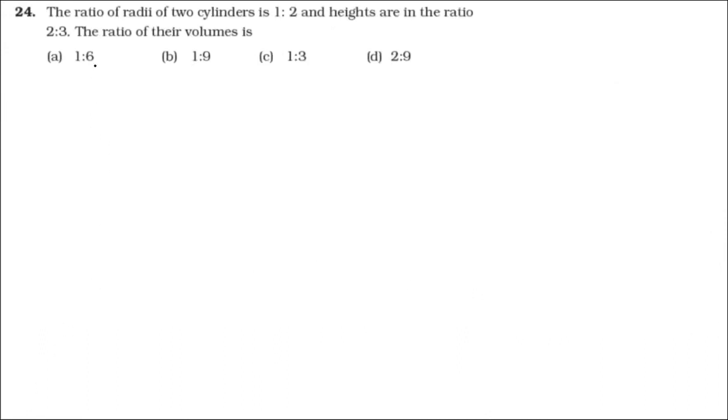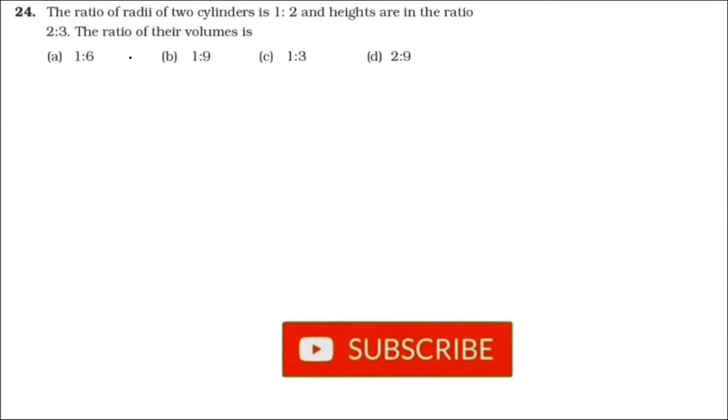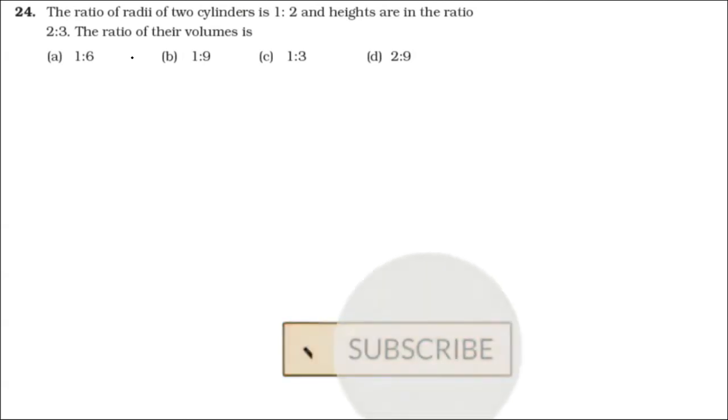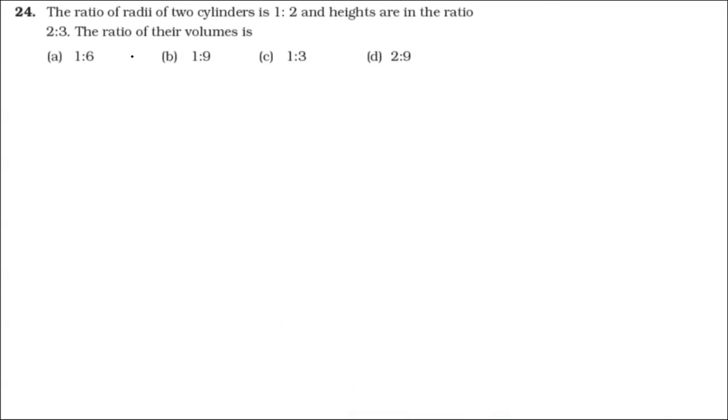Question number 24. The ratio of radii of two cylinders is 1:2, and the heights of these two cylinders are given in the ratio 2:3. Then the ratio of the volumes is. Suppose I consider R1 and R2 as the radii, H1 and H2 as their heights.